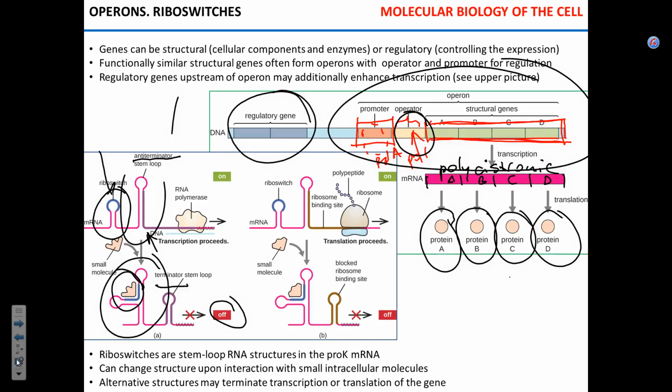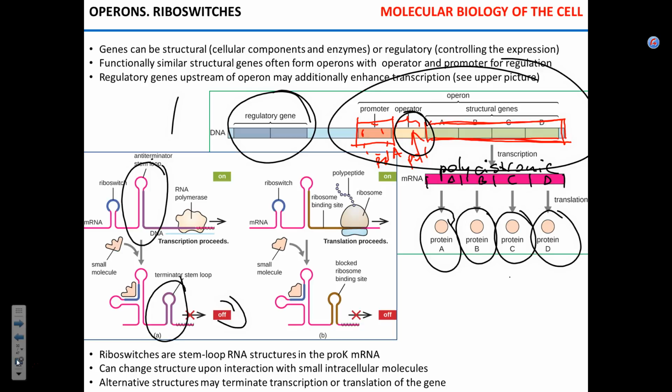Riboswitch in one position. So in the on situation, this stem loop allows the transcription. When a molecule, some kind of organic molecule, binds to the riboswitch, anti-terminator becomes terminator, and transcription stops.